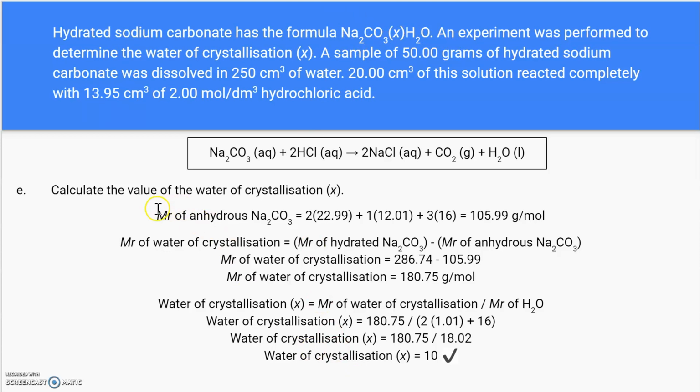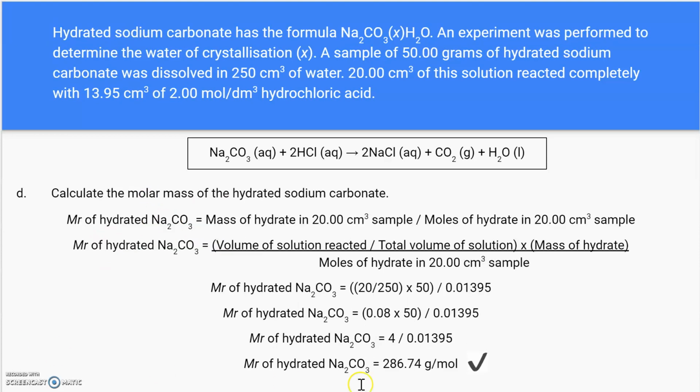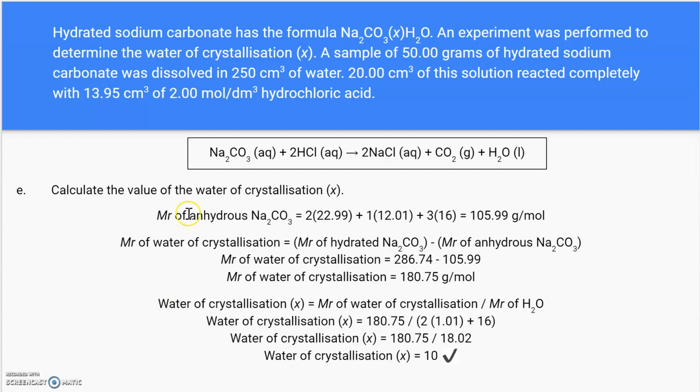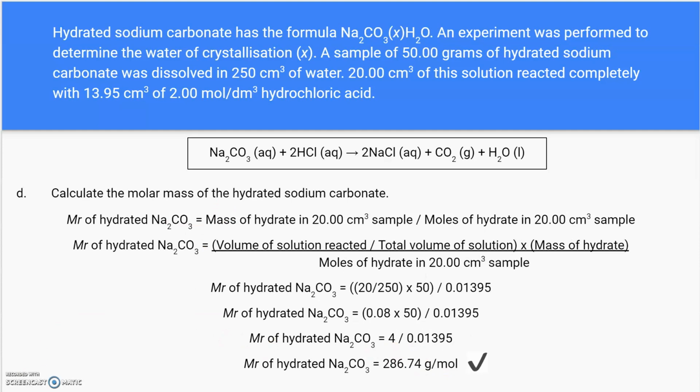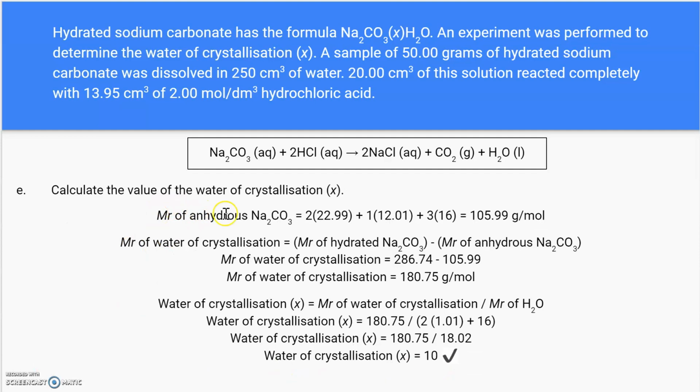Because we have already yielded the molar mass of hydrated sodium carbonate, if we manage to have the molar mass of anhydrous sodium carbonate, we can subtract those two and get the molar mass of the water of crystallization, and take advantage of that number to finally yield that water of crystallization. So since we already have the molar mass of hydrated sodium carbonate, what we're going to do is figure out the molar mass of anhydrous sodium carbonate.